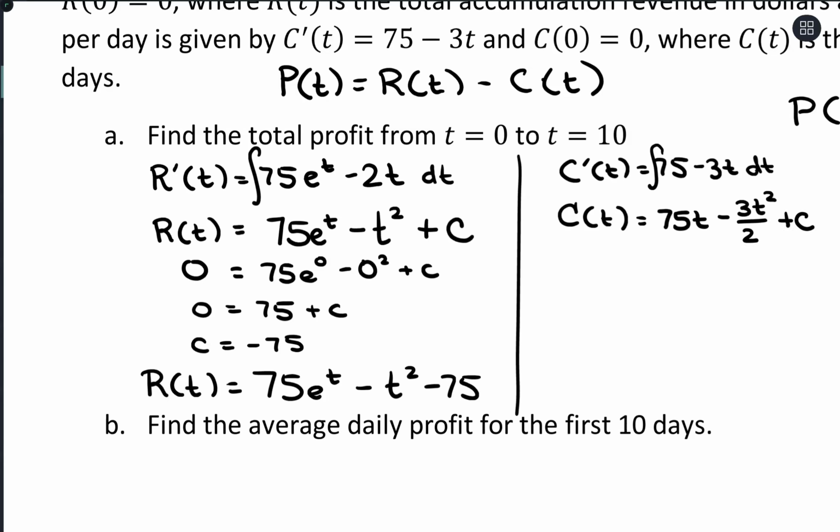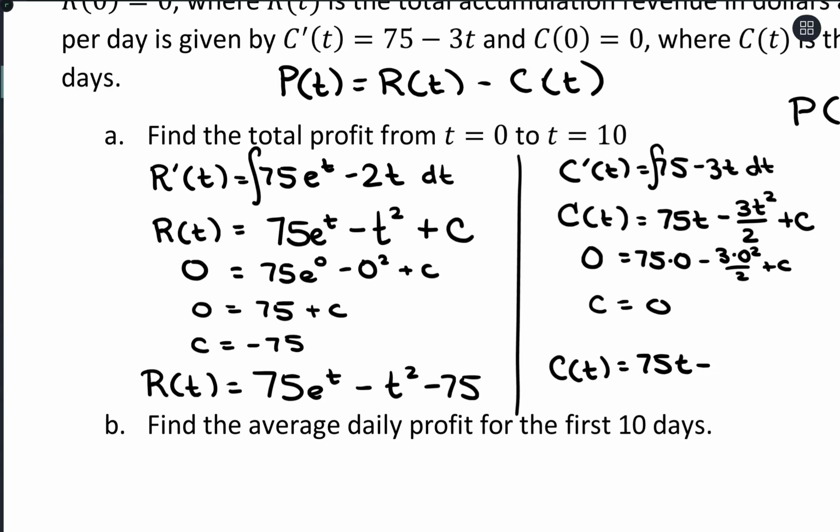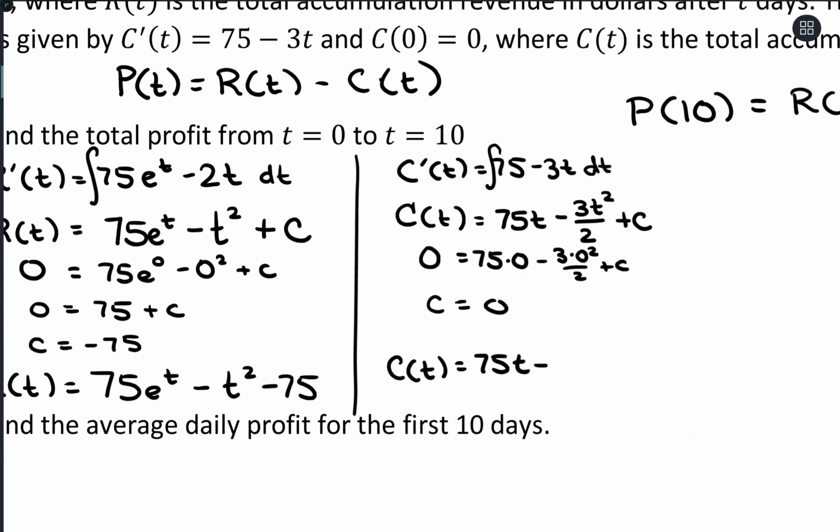And we'll have a plus c. And it's that cost is 0 when t is 0. So if I plug in the zeros, what we're going to get is c equals 0. So cost function is 75t minus 3/2 t squared.